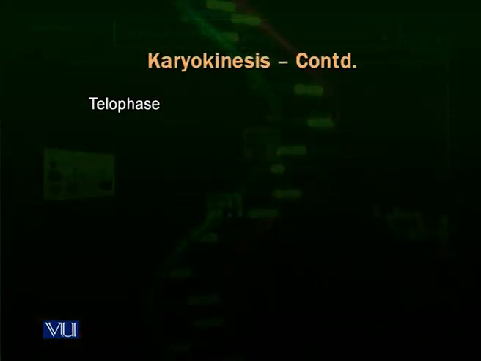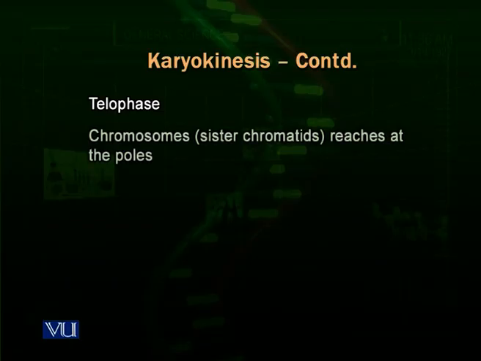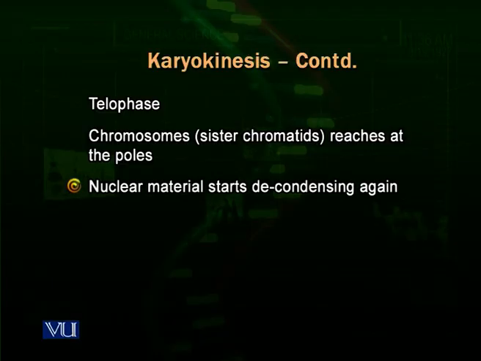Then comes the next phase called telophase. In telophase, the sister chromatids reach the poles. At this stage, they start decondensing and thinning again, coming back to their normal state in which they were present before the prophase.